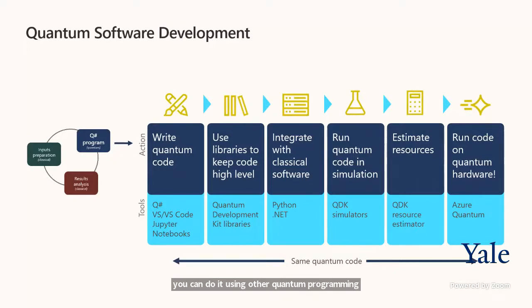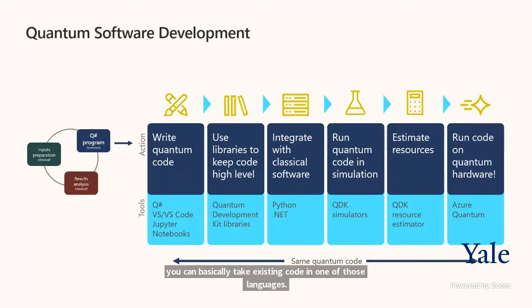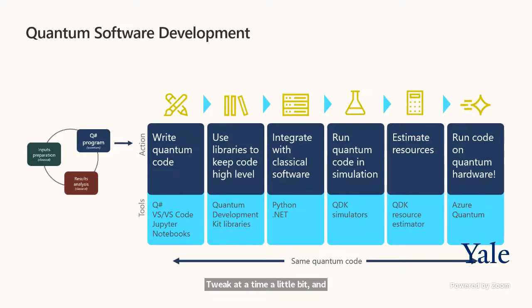I will show you today how Azure Quantum supports running jobs using Qiskit and Cirq. So you can basically take existing code in one of those languages, tweak it a tiny little bit, and run it on Azure Quantum. So you need a quantum programming language, not necessarily a specific quantum programming language.